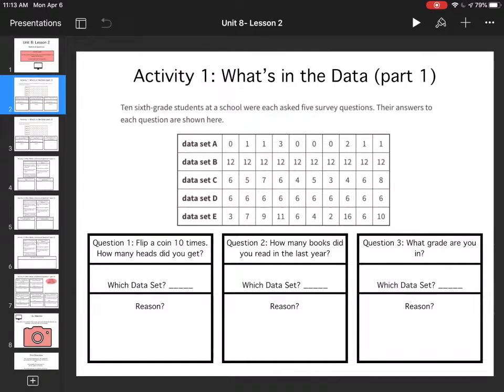So if I'm looking at it, I know that for flip a coin 10 times, how many heads do you get, that's going to be around half, either a little over or a little under.